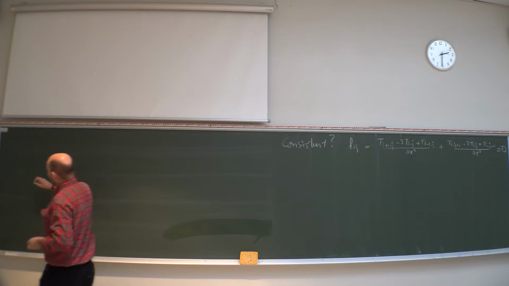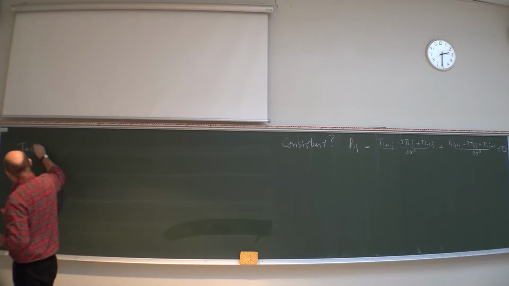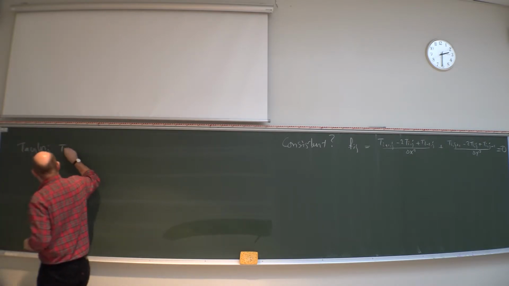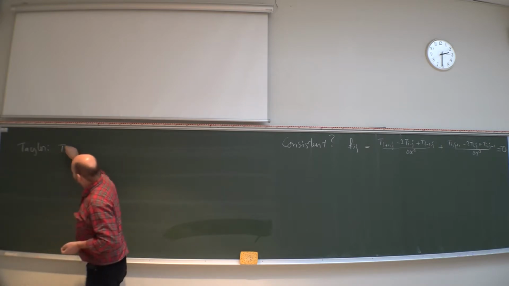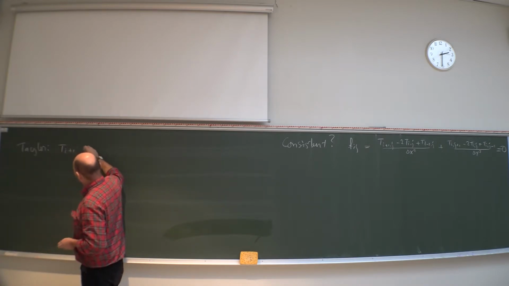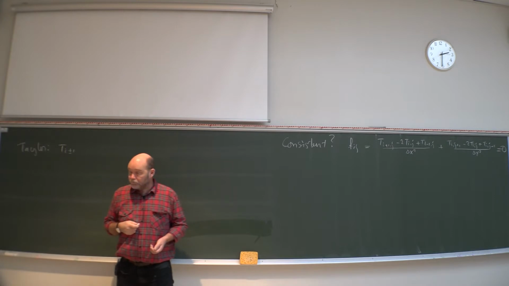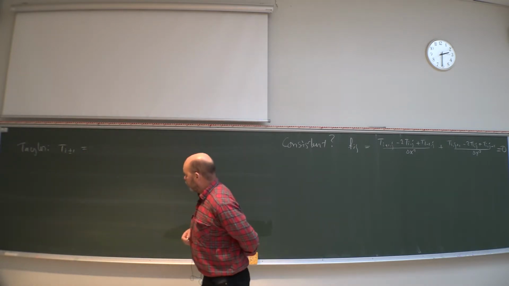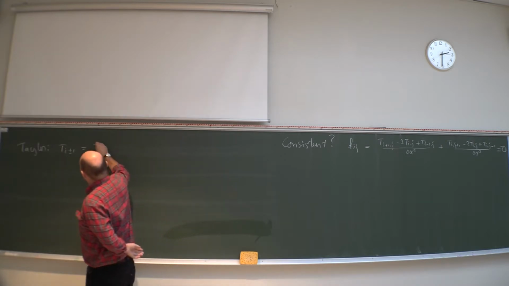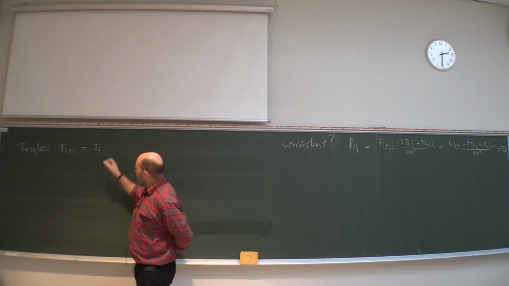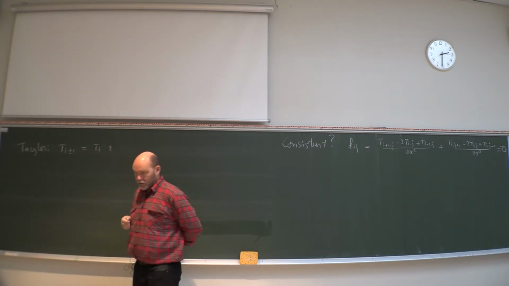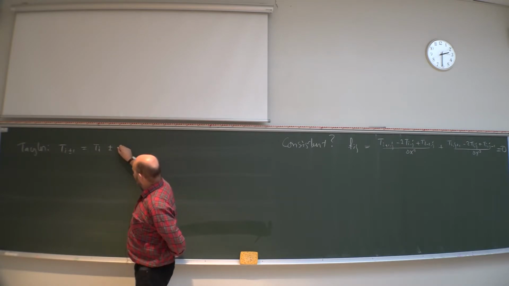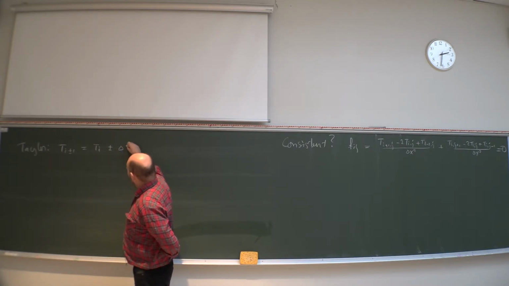We use the Taylor series. So T at a point, say i plus 1 or minus, take the same in one swoop here. It will then be at the point i, and then it will be plus or minus the step you are going, delta, multiplied with the derivative.